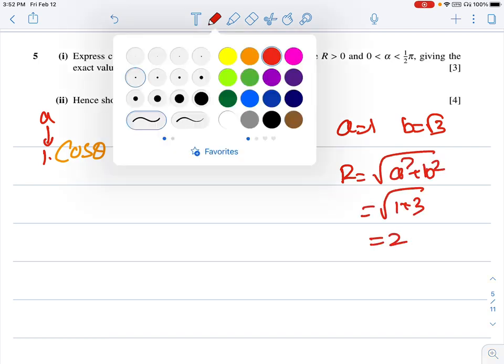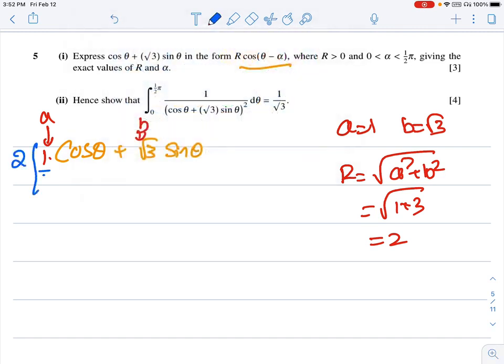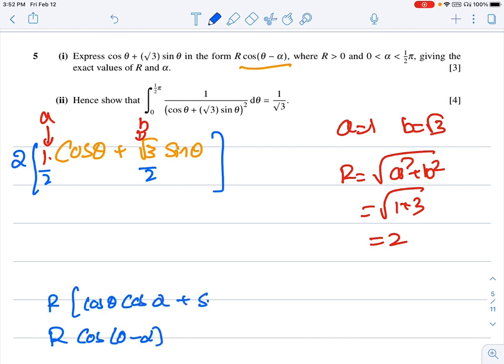So what am I going to do? I am going to multiply and divide by 2. What do I require? I require r cos of theta minus alpha. So r times cos theta cos alpha plus sin theta sin alpha. So I can see that with cos theta, cos alpha should be there, with sin theta, sin alpha should be there. So my cos alpha should be equal to 1 upon 2.